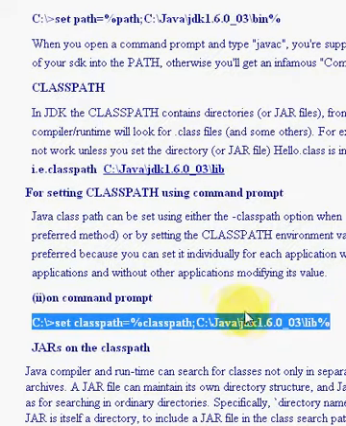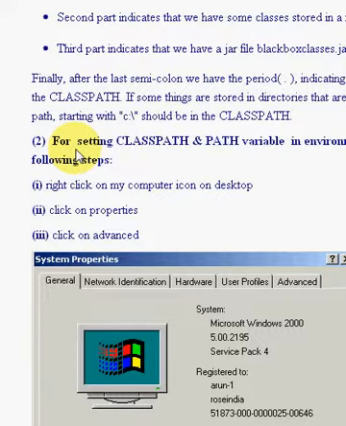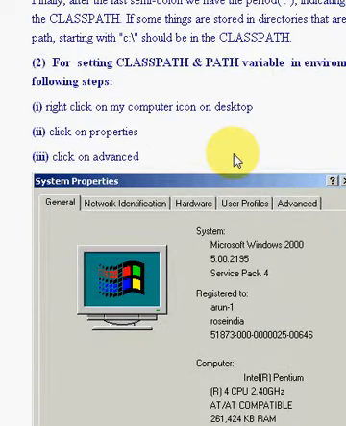Now we can also set the classpath and path environment variables in another way. So let's look at that. To set the classpath and path in environment variables, use the following steps. First, right click on system properties and go to the Advanced tab.